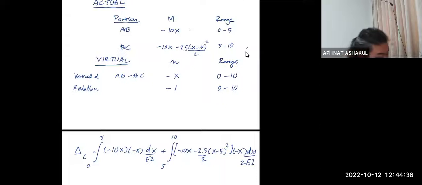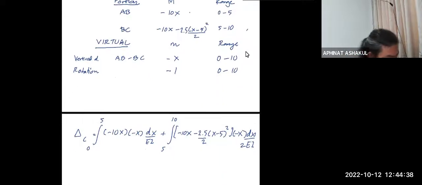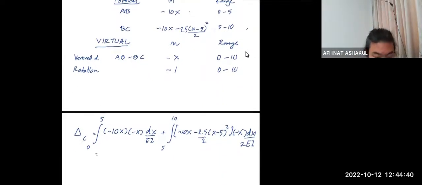So let's skip this and give you the number right away. I tried both integrals before and I got the same numbers, so it must be correct. This is about 2043 over EI.